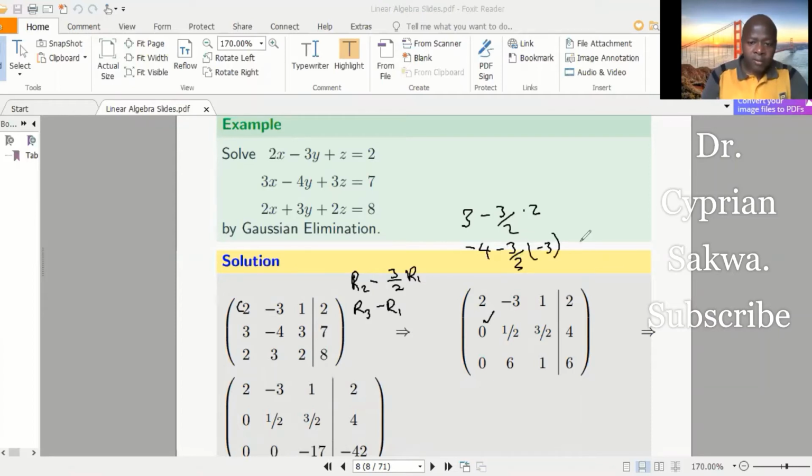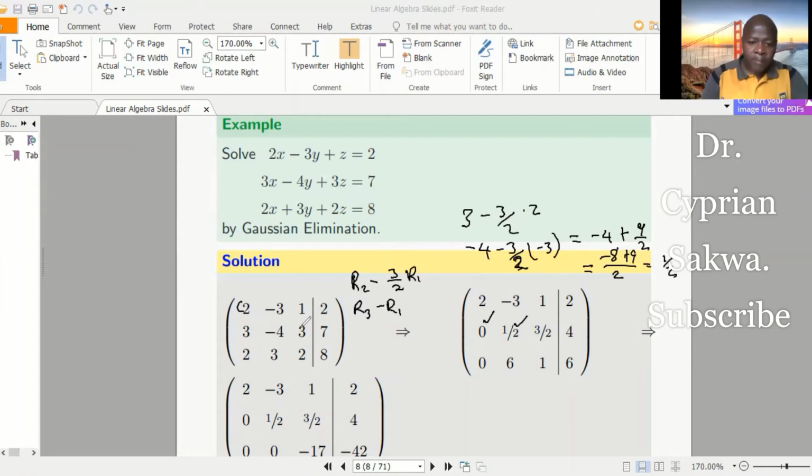This will be positive, so I'm taking -4 plus 9 over 2, where the LCM is 2, and this will be -8 plus 9, giving us a half. And you can see the half there. That's how I got it.